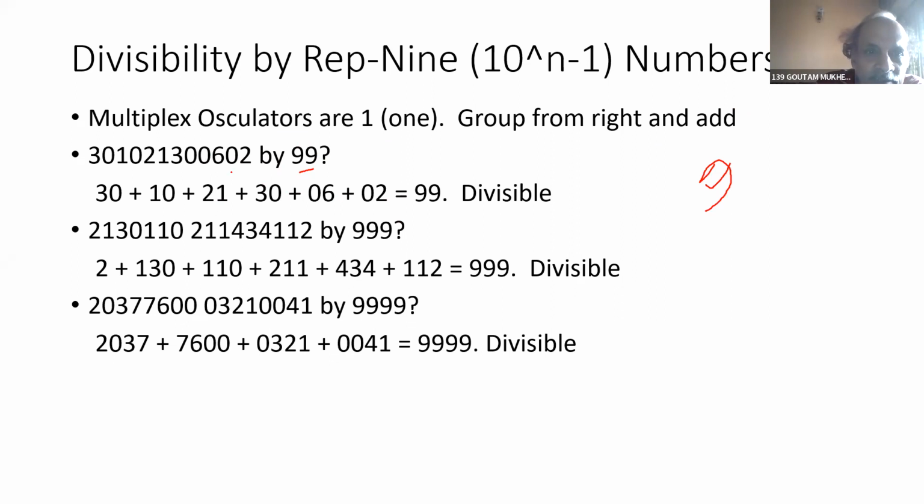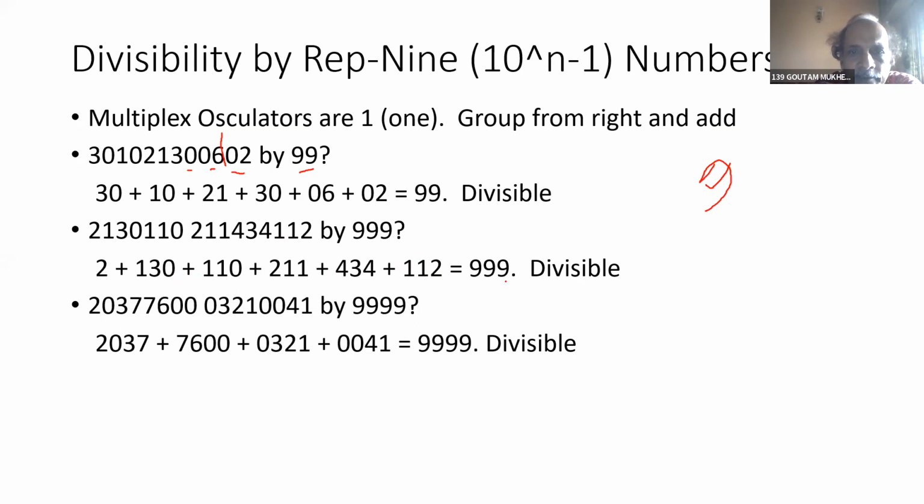Here, this is a group by 2, and this is a group by 2, added. This is divisible by 99. In case of 9, we also did divisible by 9, we just checked. Here is divisible by 99, we checked, and it is this one. From the last, we divided by group of 3.